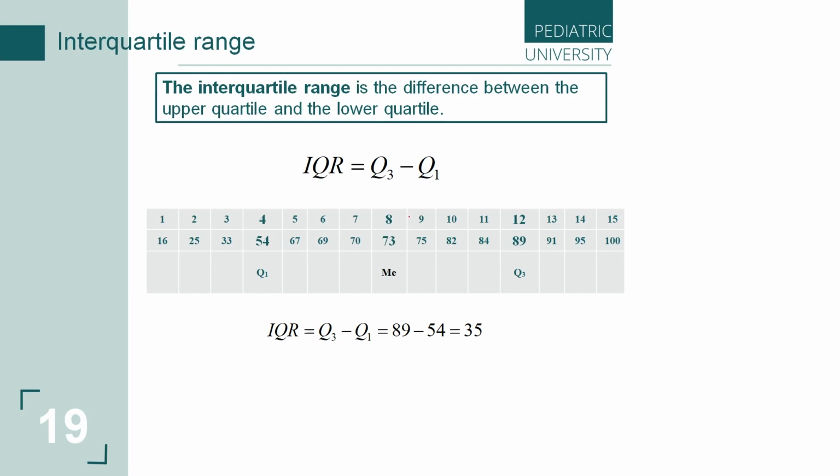In our example, Q3 is 89 points minus Q1 54 points, so it would be 35. It's the interquartile range.